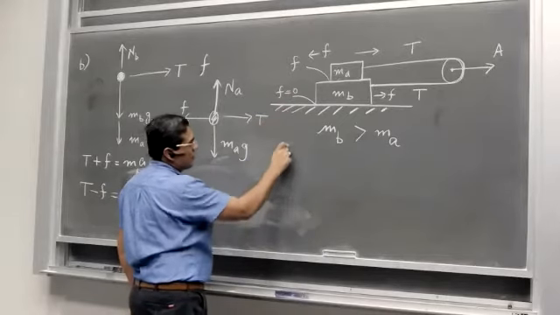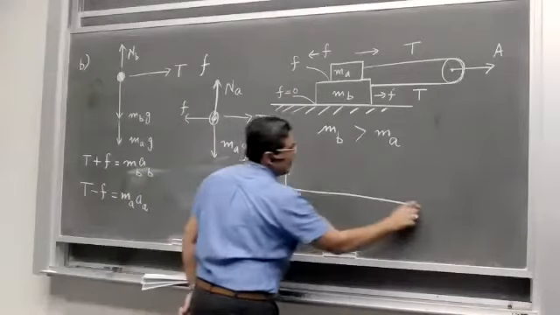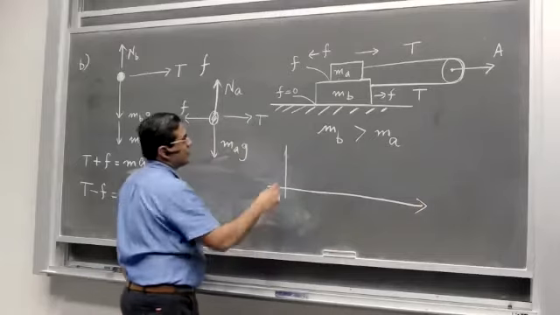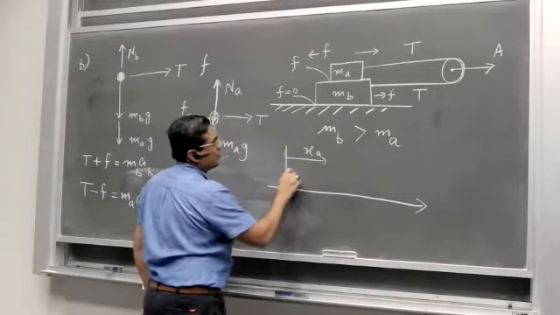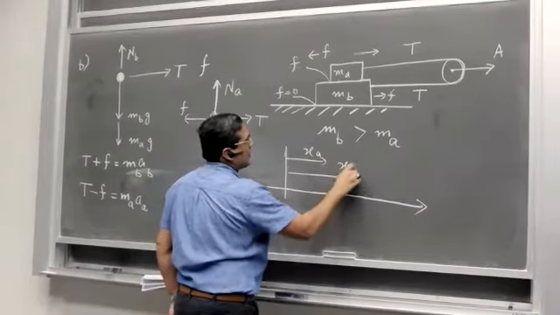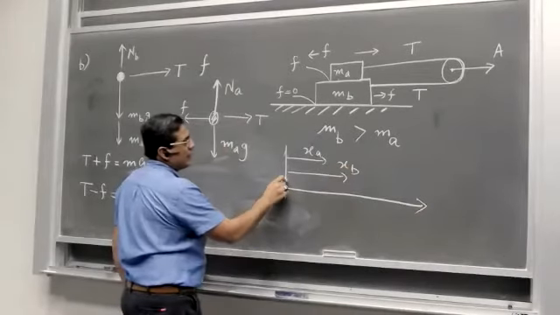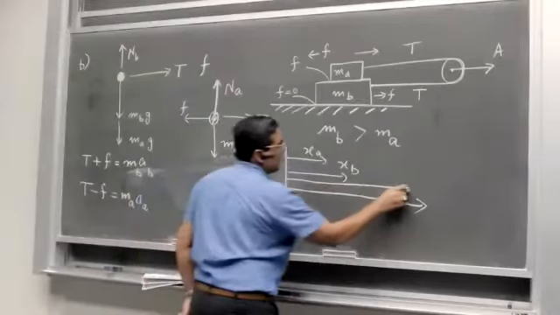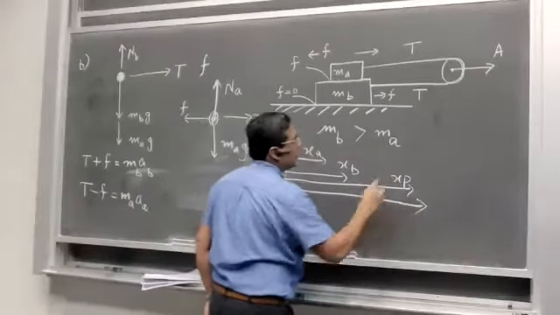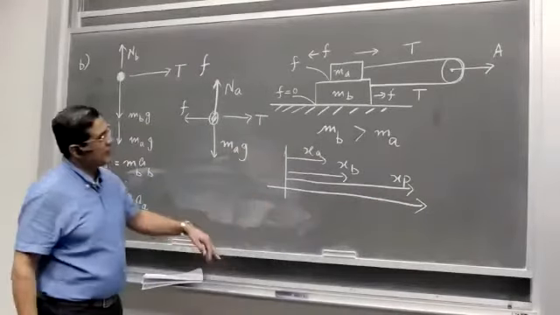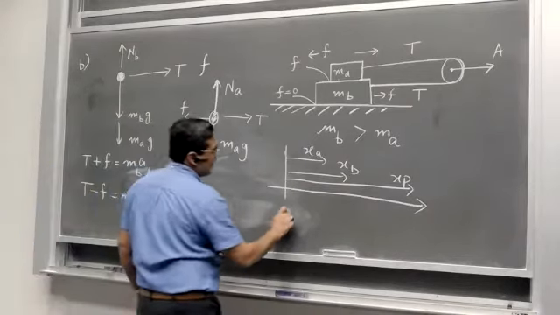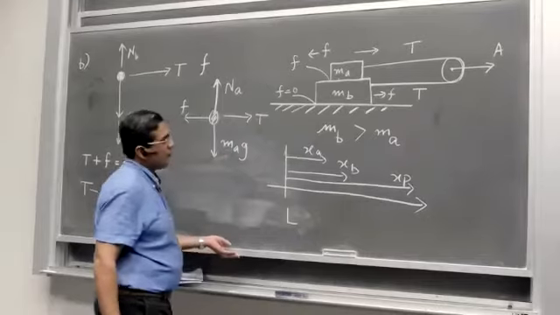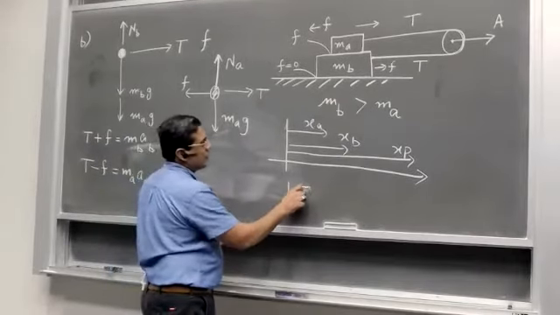Let's say you set a coordinate system here, and then you do the distances. You get x_A, you get x_B, you get x_P, okay? Positions for all three things. And then write the length of the string as a sum of these quantities.